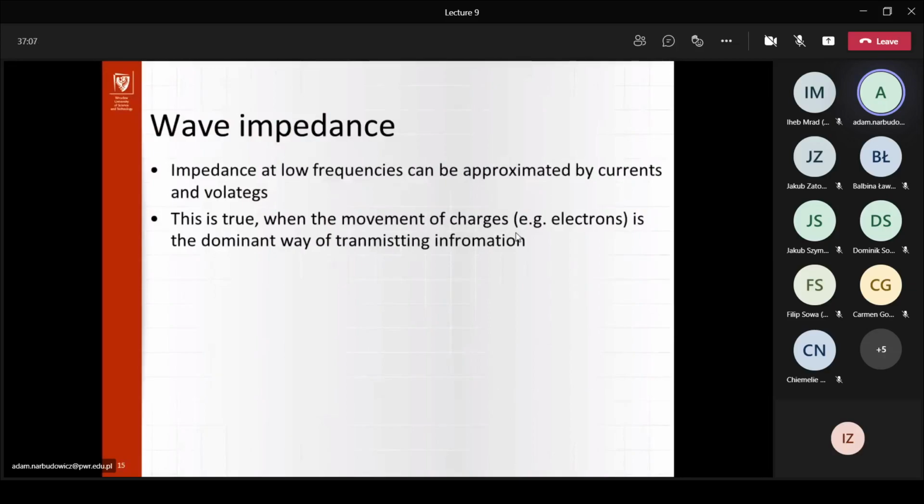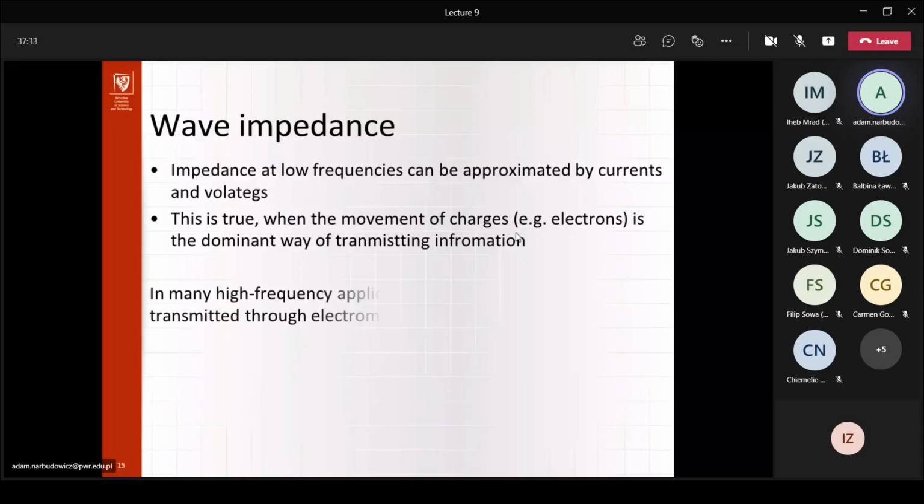This is the interpretation used at lower frequencies in classical electronics, that simply the impedance is a ratio between currents and voltages. So far so good, as long as the main source of our signal are charges, meaning electrons moving within a wire.